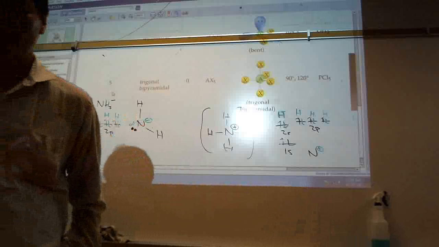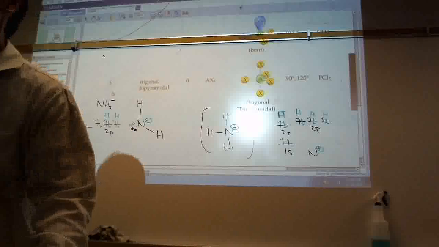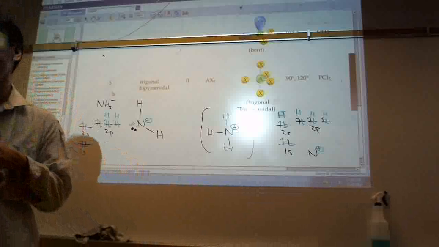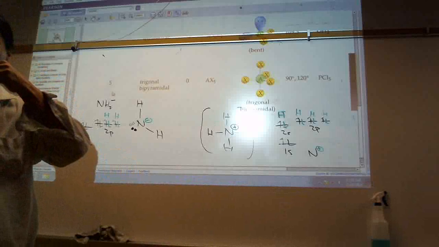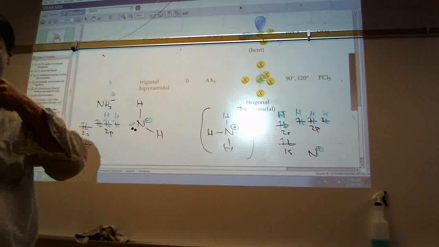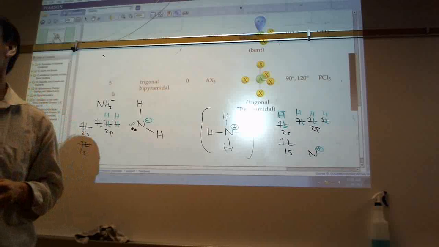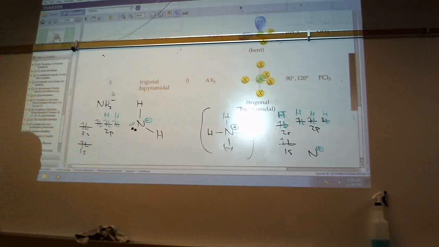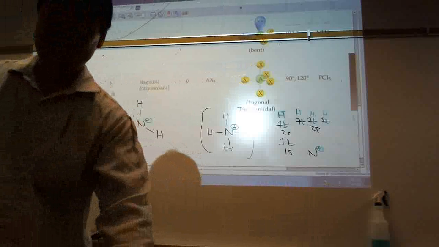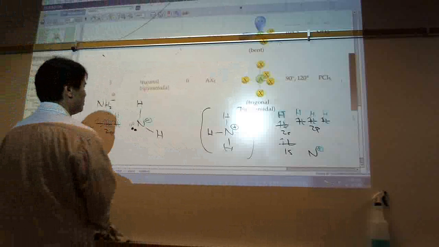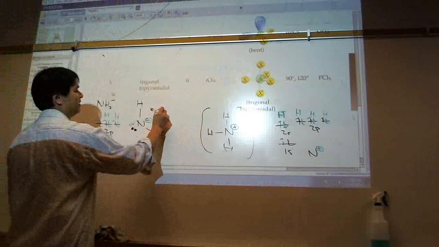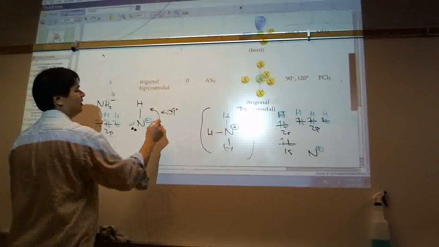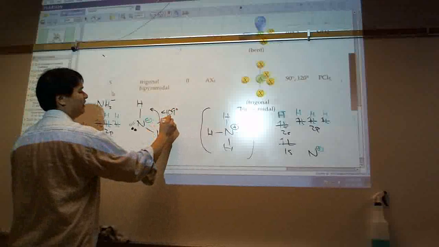But you might have thought that there's something odd about this. Is there something weird about this? It has to do with the angles. There's just something weird about the angle. What did we say the angle is? Less than 109, so the angle is less than 109, maybe about 105.